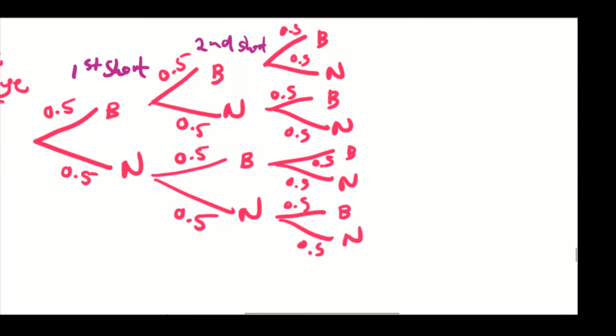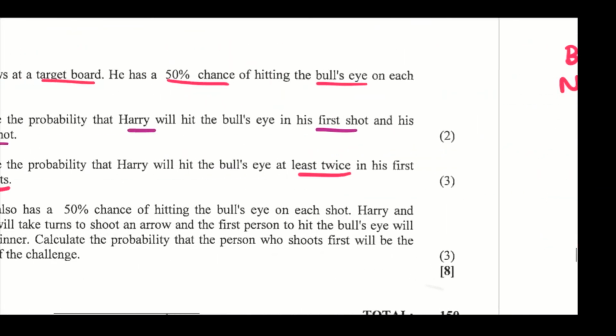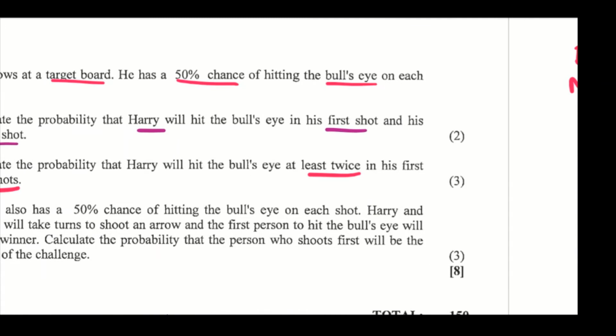We want to find the probability that he hits the bull's eye at least 2 times in his first 3 shots.